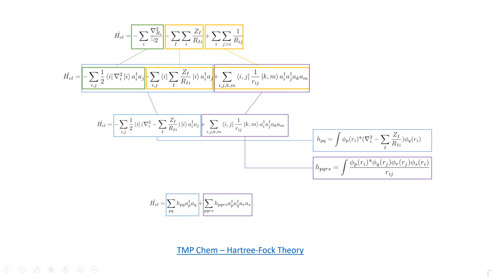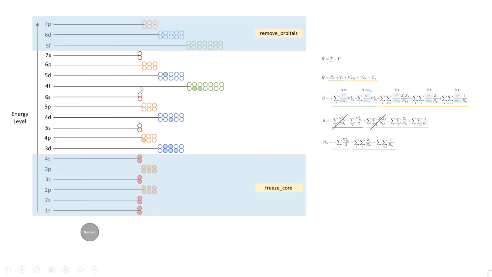If you're familiar with bracket notation, you can see that this term here is equivalent to this. What we've done is introduce these creation and annihilation operators, and essentially what they do is represent moving electrons around.